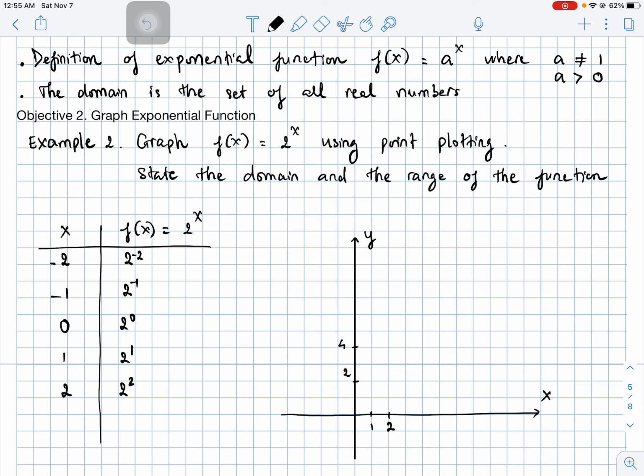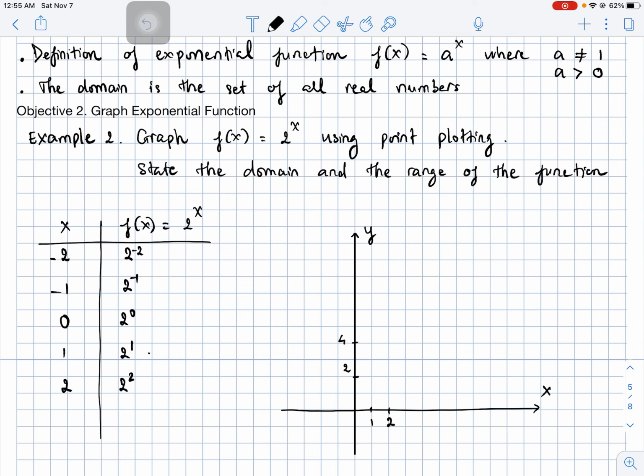If you don't know how to calculate these numbers, you go back to example number 1. You just simply use a calculator. But they are very easy. If you don't use a calculator, you are still able to do them. For example, 2 to the 1 is 2, 2 squared is 4, 2 to the power 0 is 1, because we have a property before that a to the power 0 is 1.